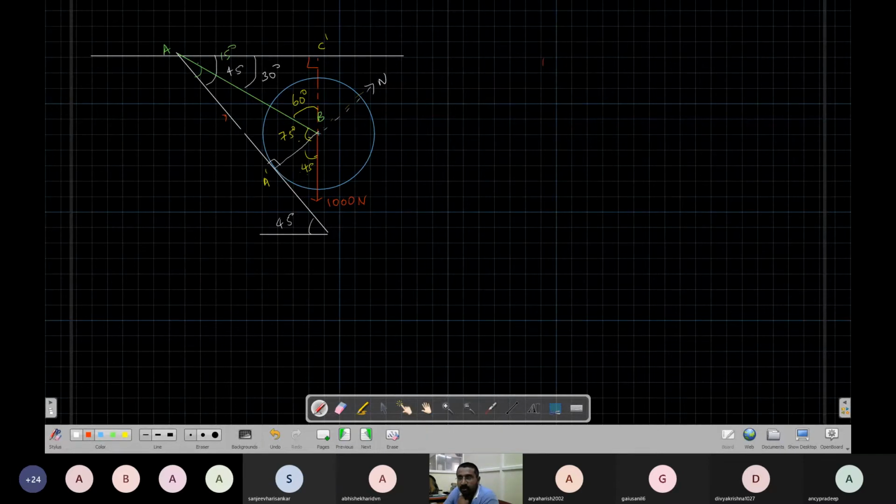Which is 45? Angle C dash B N. Okay, if I extend this N to somewhere, so that is also one way. This is N. C dash B N.